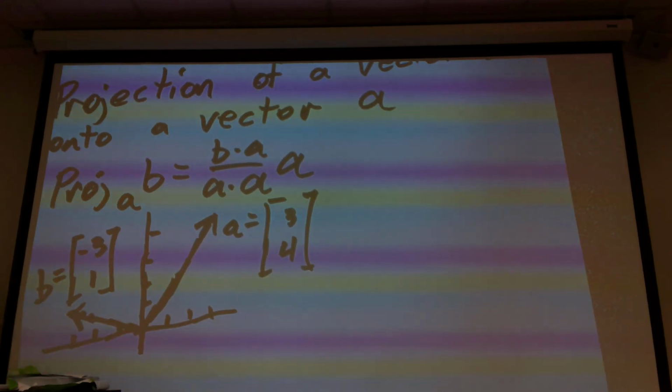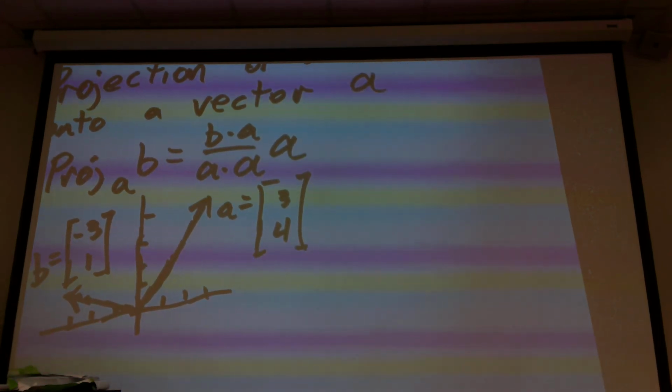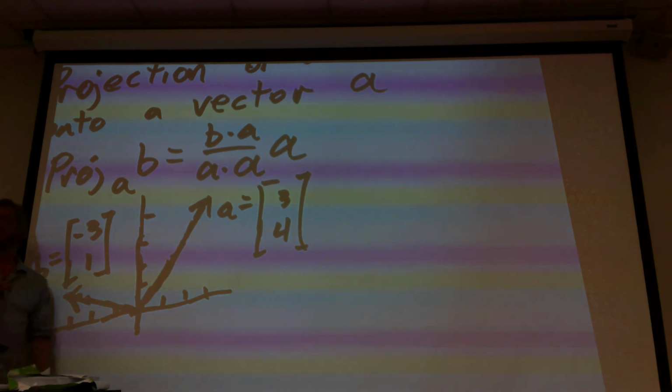So I'm using slightly different notation. See, vectors can be written as column vectors, or you can write them as rows. I'm trying to save some space by writing them like this.